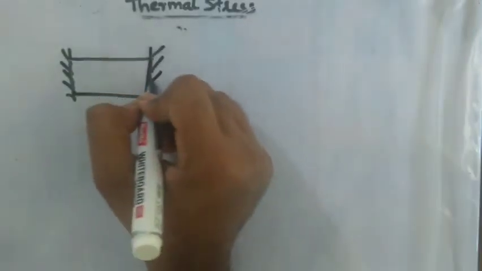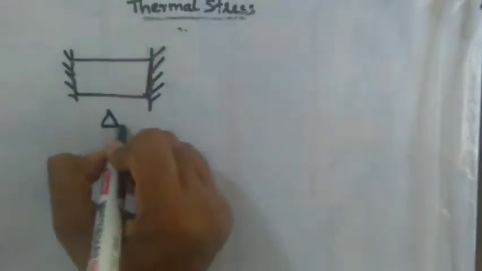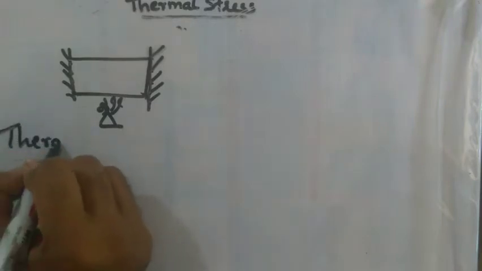Now we are restricting, or constraining, the motion of the material on both the sides and we are heating the material. This time elongation is definitely not possible and there will be induced stresses. Those stresses are called thermal stresses.